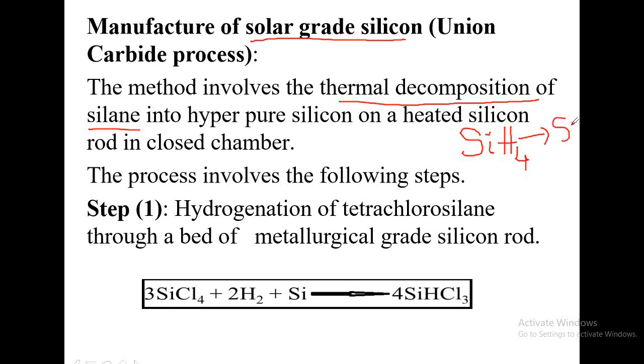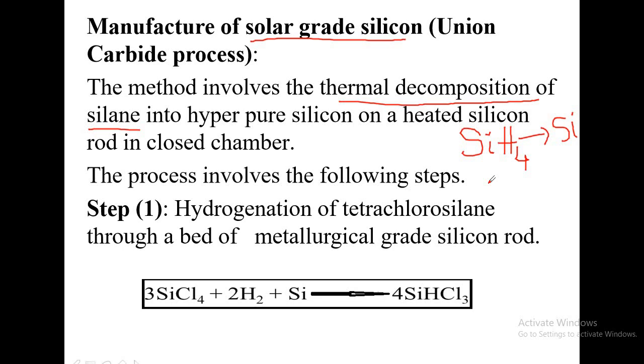It is converted into hyperpure silicon when it is heated to a very high temperature of the order of 1100 degrees Celsius. Then you get hyperpure silicon, that is 99.999% pure silicon.